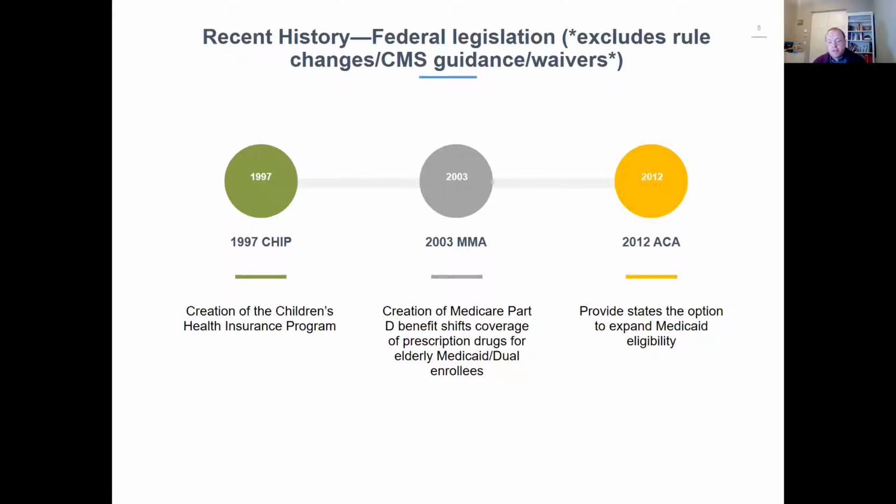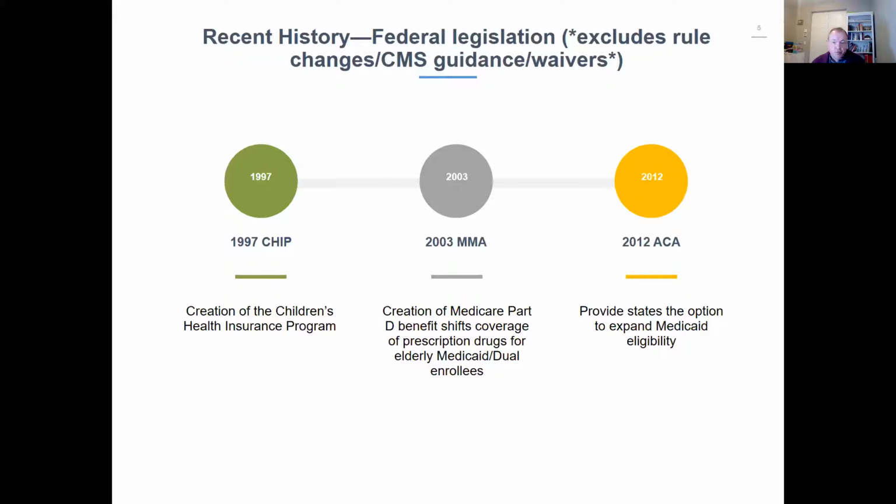This shifted pharmaceutical drug coverage away from what in the past, where Medicare had not had pharmaceutical outpatient coverage. All of a sudden it did. And since Medicare is a primary payer for duals, that can shift which program is paying for what.